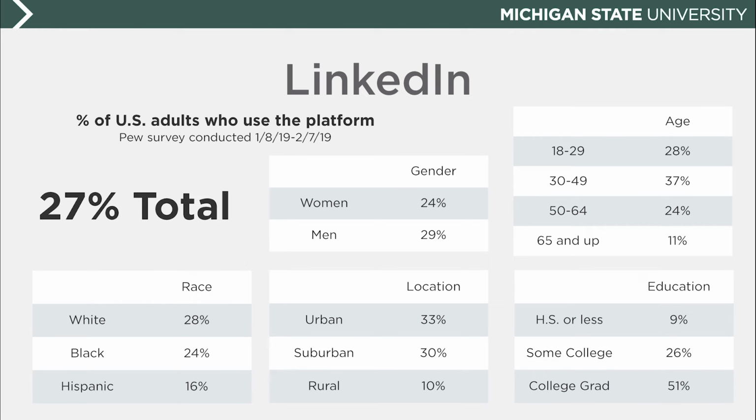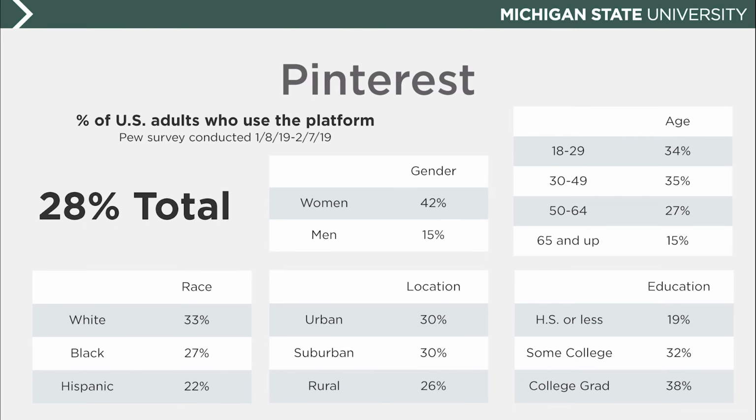So this is a good option for alumni, more so than high school or less. Pinterest, used by 28% of US adults, 42% of women use it. It skews heavily towards females. Urban, suburban, or rural, it's all pretty even. Does skew a little more towards college grads and more towards younger demographics.